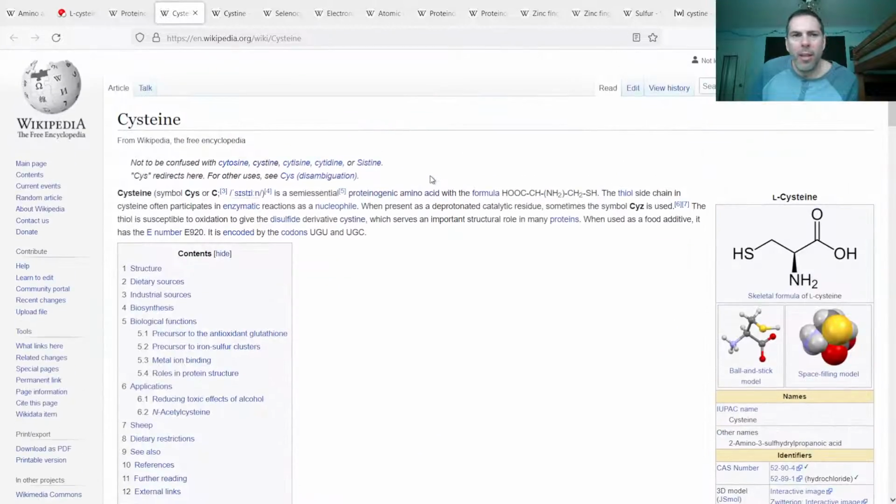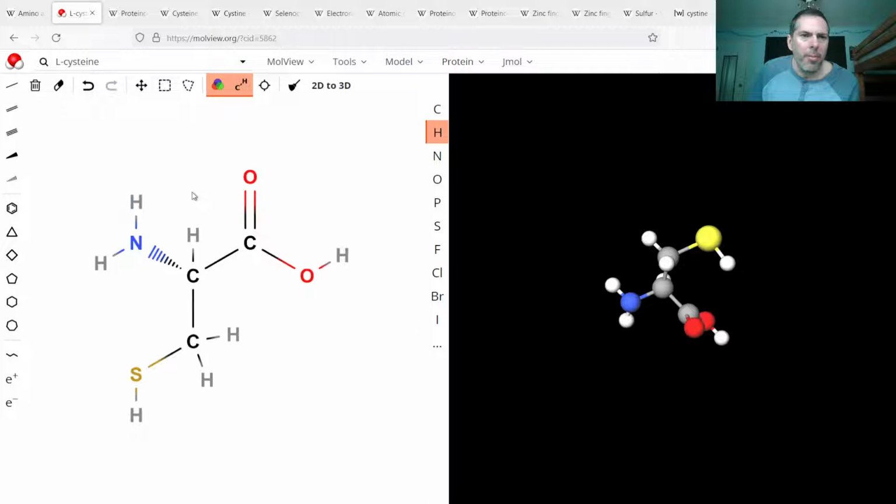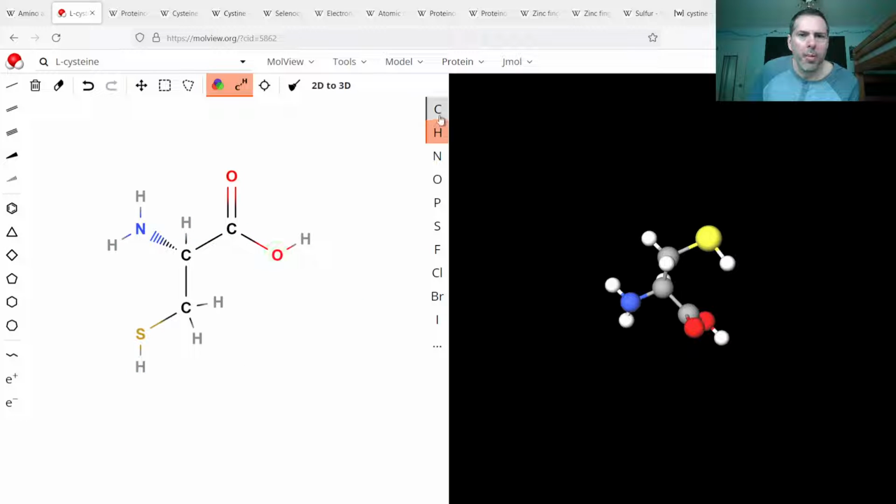Another thing that cysteine can do is bind to another cysteine to form a disulfide bridge. So the side chain on one cysteine forms a covalent bond to another cysteine side chain.